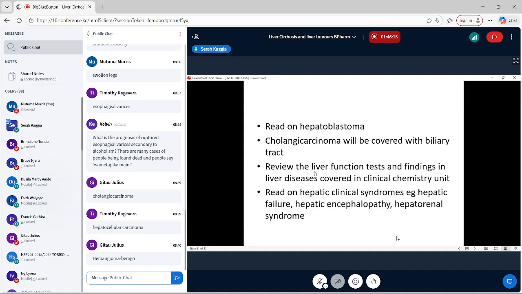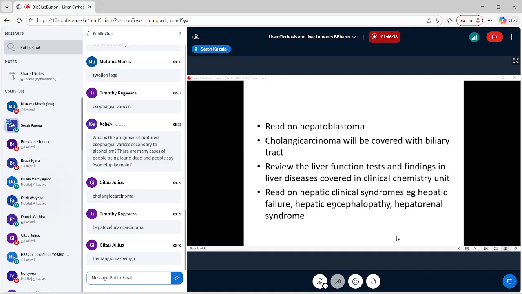Your bullet number 3 is a must know. So you have to go back to your notes and see. If I've sent a patient for a liver function test and I have high levels of total bilirubin and direct bilirubin, what picture does that show me? What does that mean? How does it show me where the disease process is? So that's why I say it's a must know.